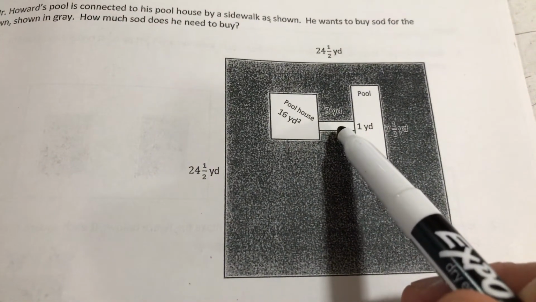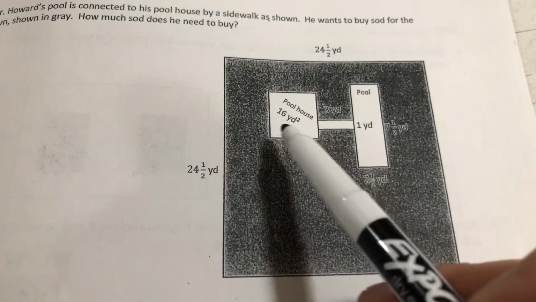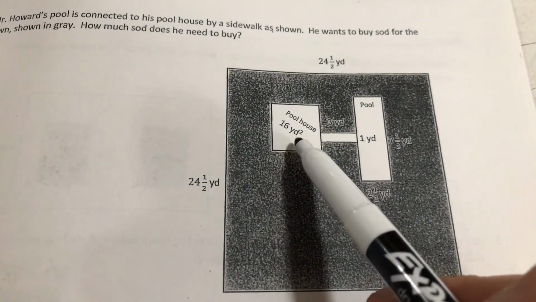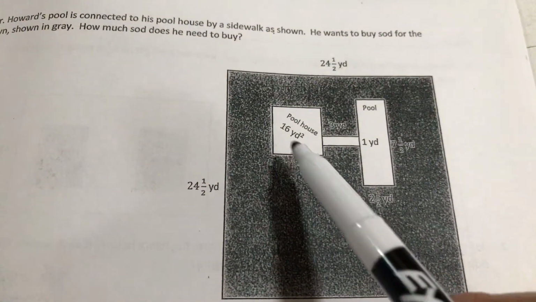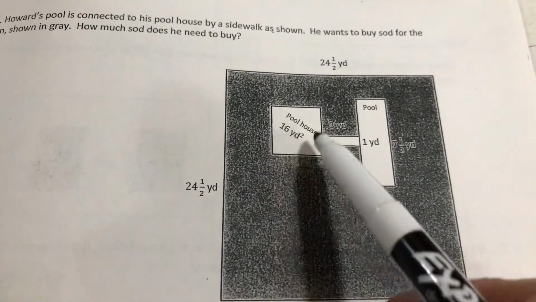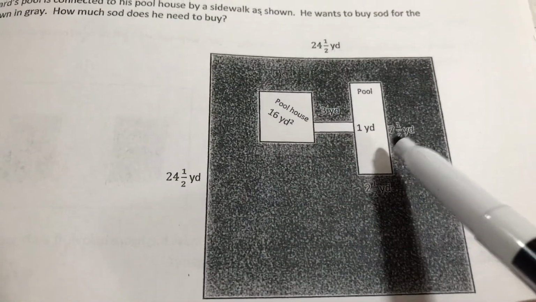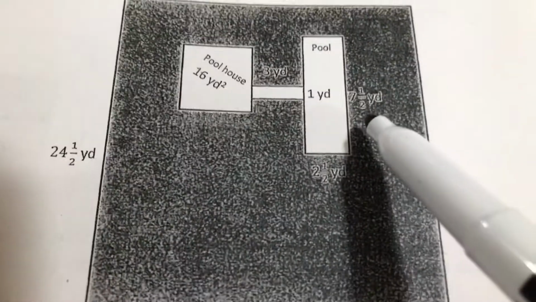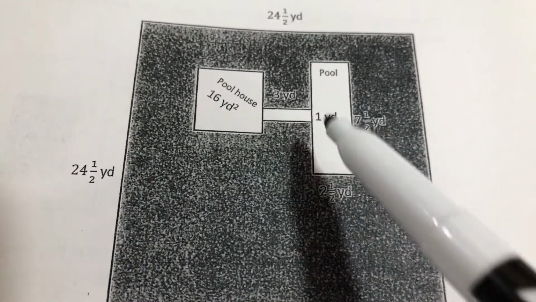The area is going to be 3 yards squared. Here, you have a pool also that has an area of 16 yards squared, which means you have to figure out what the side lengths are. And I will give you one big hint. This is actually a square. So what does that mean about the side lengths? And then for this one here, this is 7.5 by 2.5. So multiply these 2 numbers, and you will get the area.